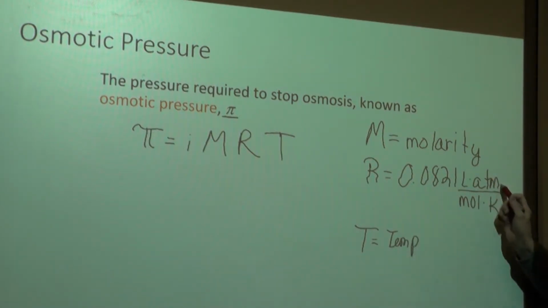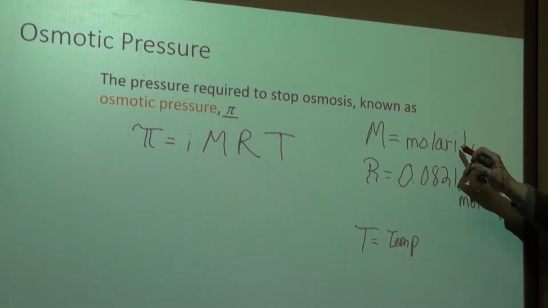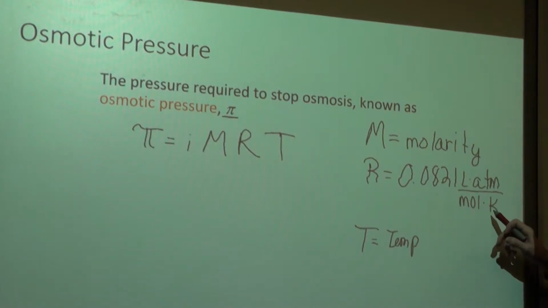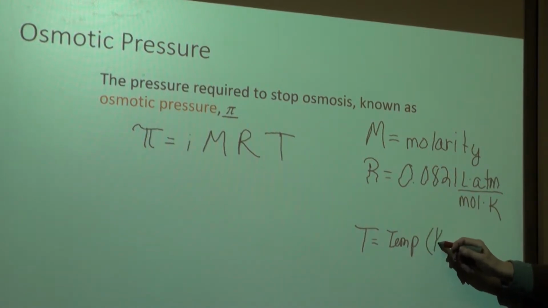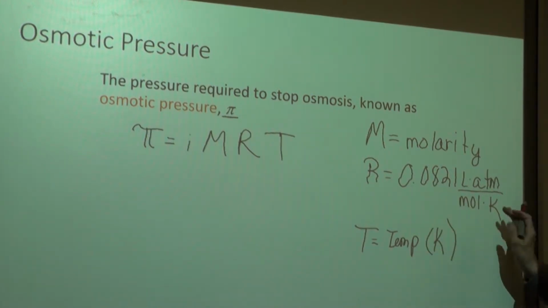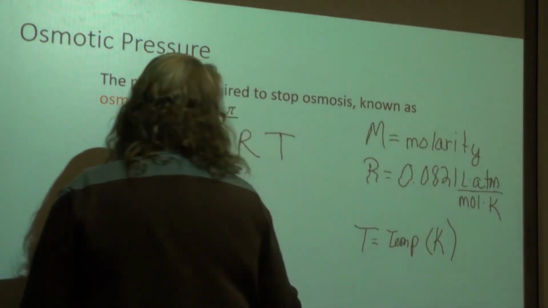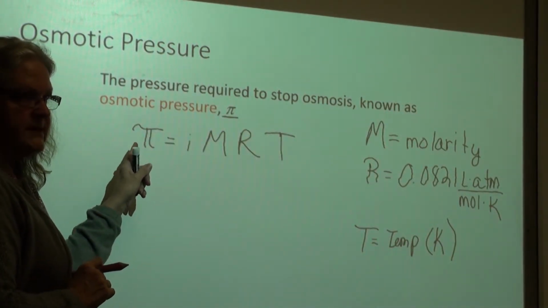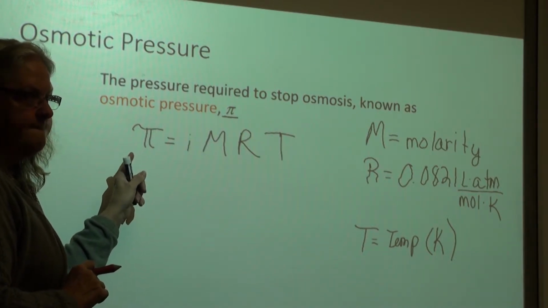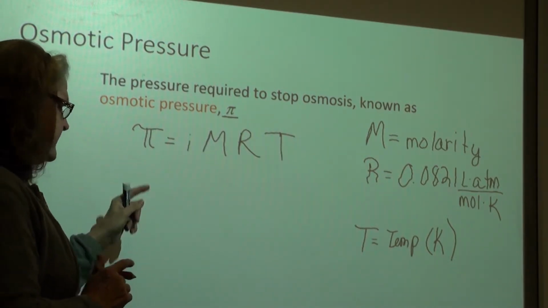All right, so let's take a look at these units for a second. I have moles per liter, that's from my molarity. I have a temperature in here, so what kind of units? It's going to have to be in Kelvin because that's what's in my gas law constant. And the only units that are going to be left are going to be pressure units. What pressure units do you see in there? Atmospheres.